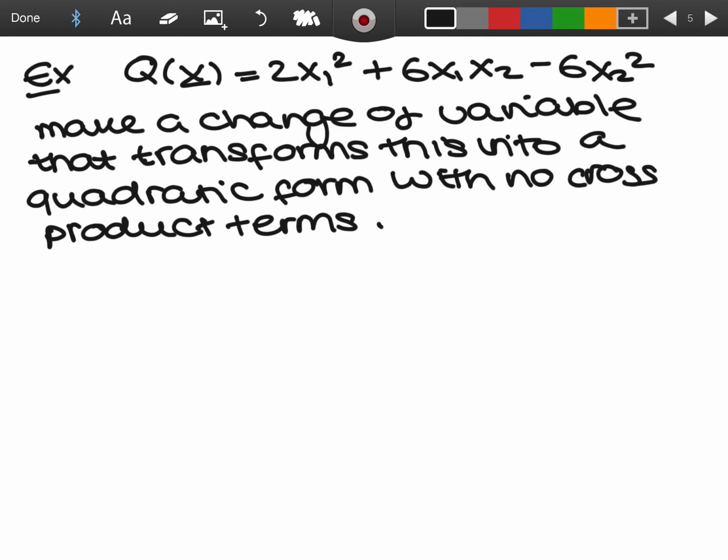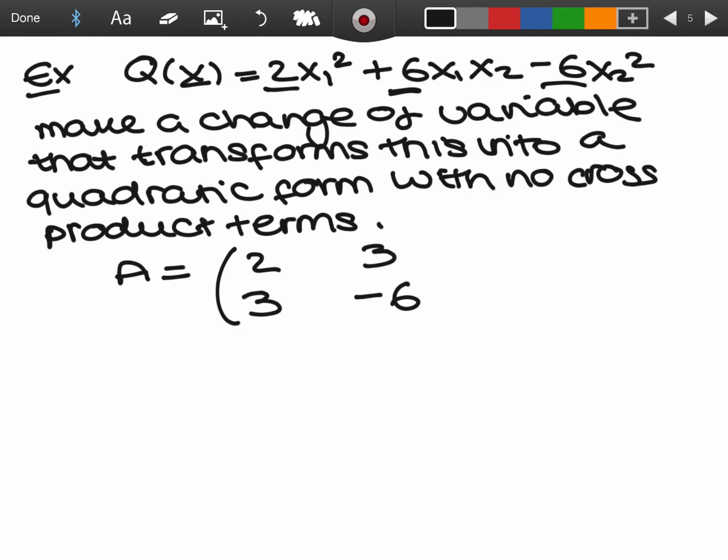Looking at my quadratic form, I want to find my matrix A, the matrix of the quadratic form. I know that my diagonal entries are 2 and -6, and then I'm going to have 6 split in half between the 1,2 and the 2,1 entry.